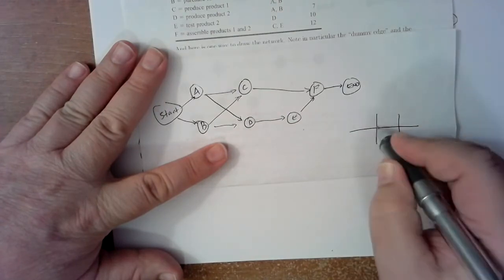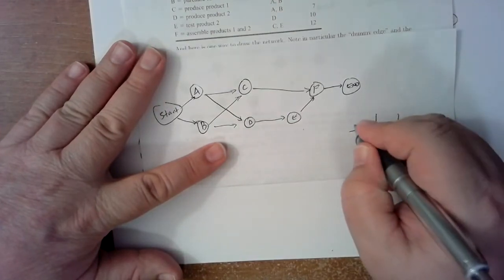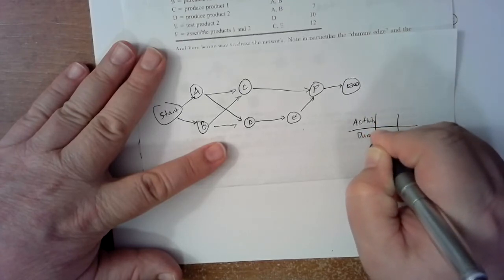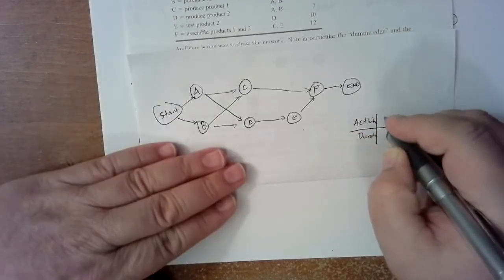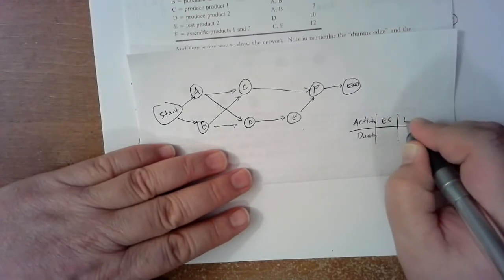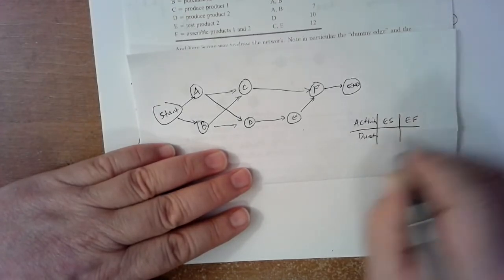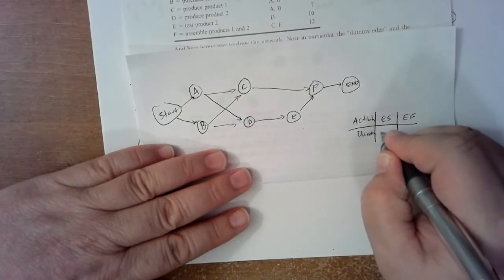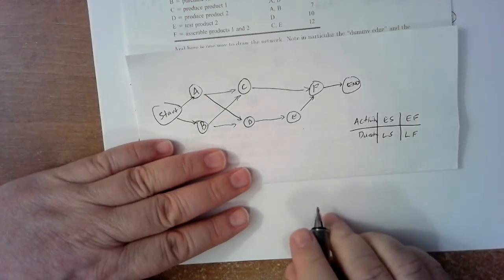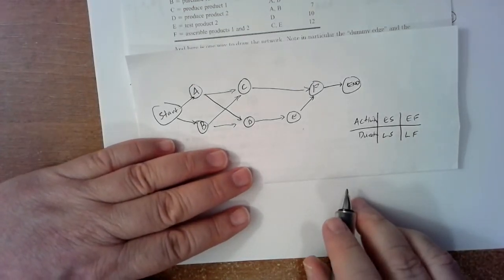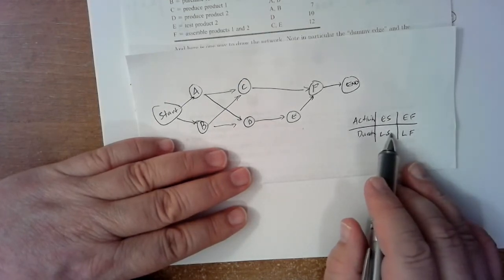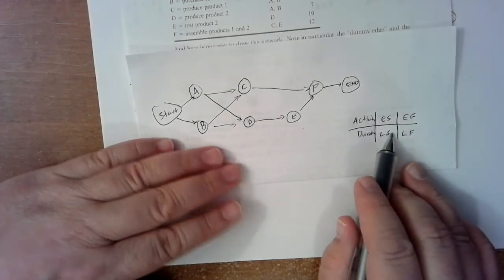And so the placeholders are for activity, duration, and then something called ES for early start, and EF for early finish, and then LS for late start, and LF for late finish. Okay, and we'll define what those numbers are in just a moment. I think we're running out of time.